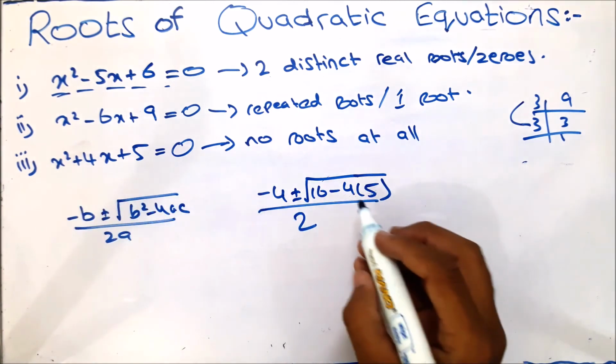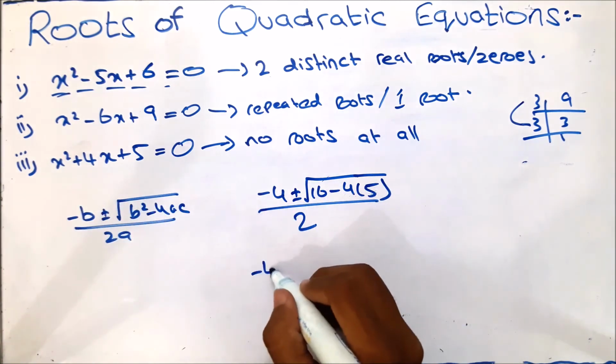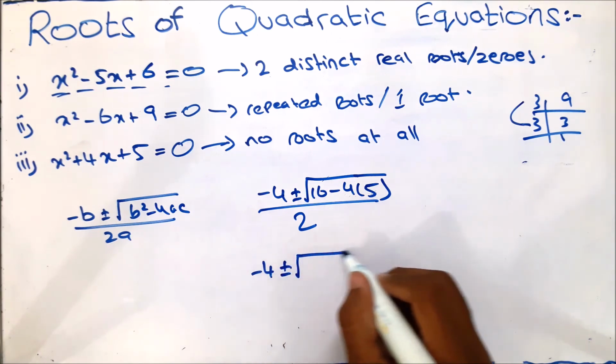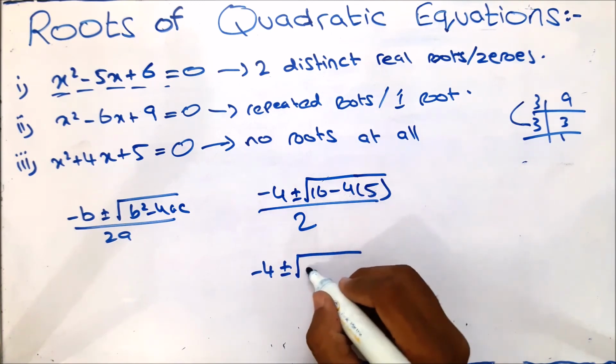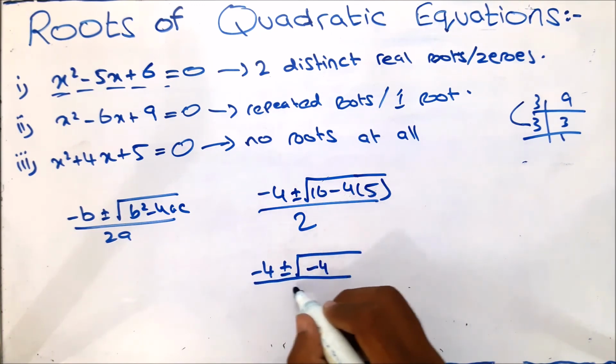A is 1. So when we solve it, we get minus 4 plus minus the square root of 4 times 5 is 20, 16 minus 20, we get minus 4, divided by 2.